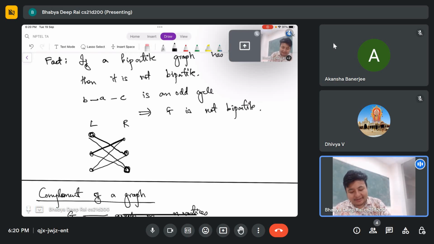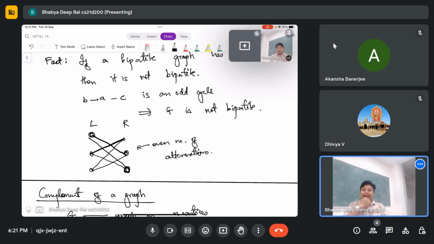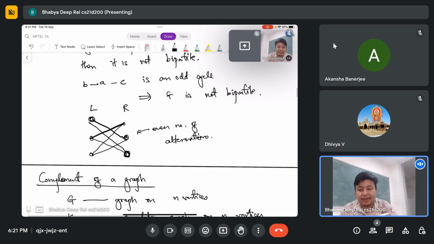So I'll do another even number of steps, and I make a cycle here. In order to land at the same vertex, to form a cycle, I need to make an even number of alternations. So this is the reason why, if a bipartite graph has a cycle, then it is necessarily an even cycle.